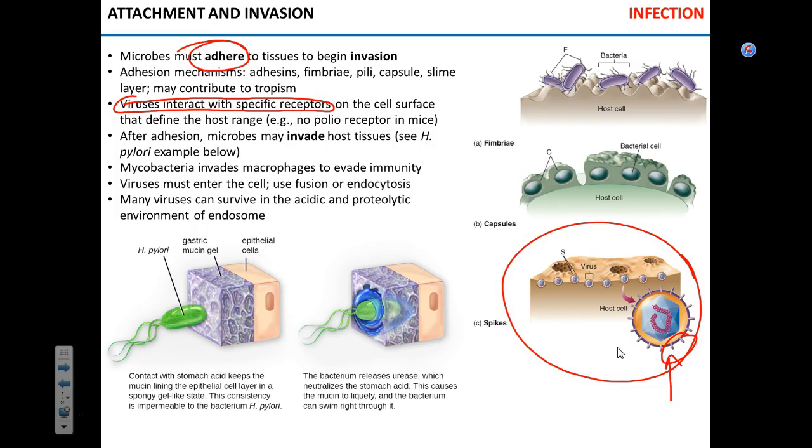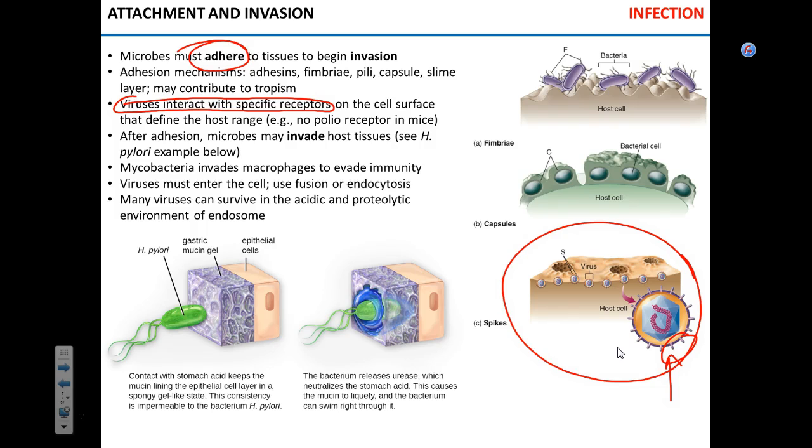Now, what if the cell does not have a receptor for the virus? Remember, it's a specific interaction. What if it doesn't have a receptor? What's going to happen? Nothing. The virus is not going to infect this cell. Does that make sense? It's a very important component that determines the virus tropism. What does tropism mean?